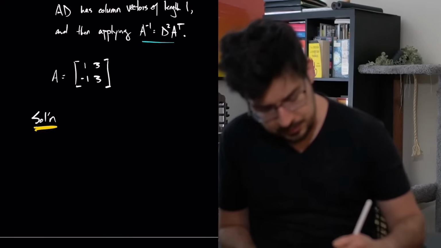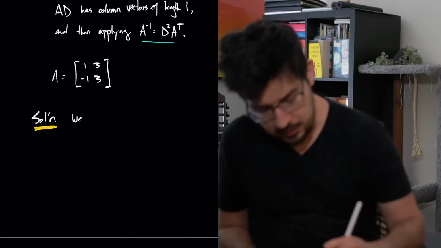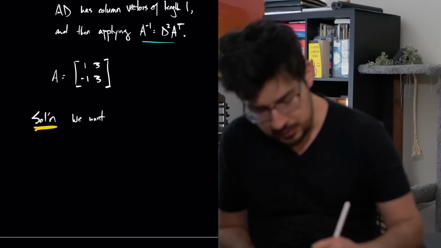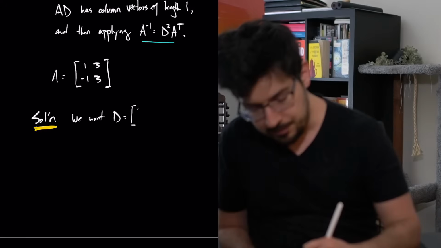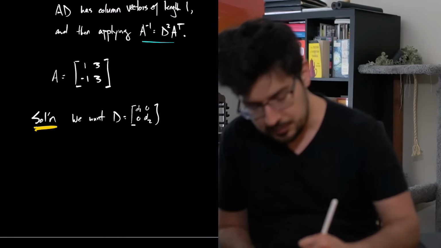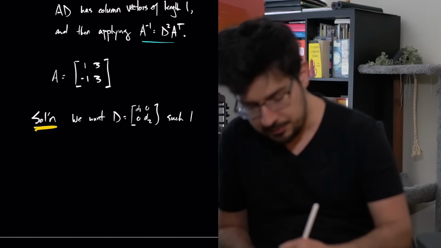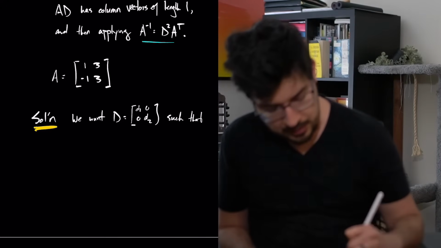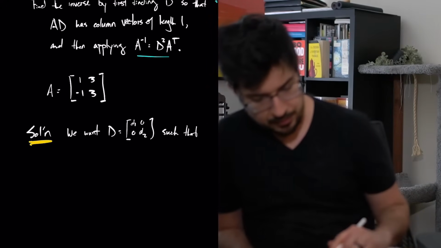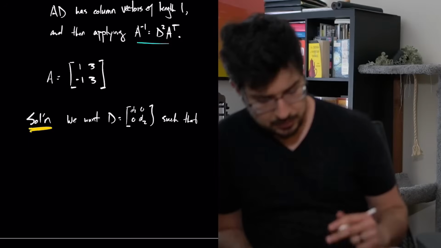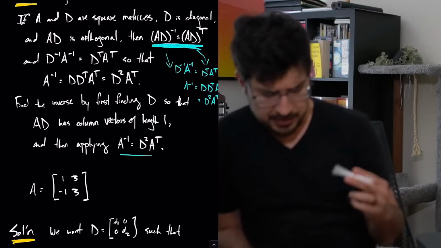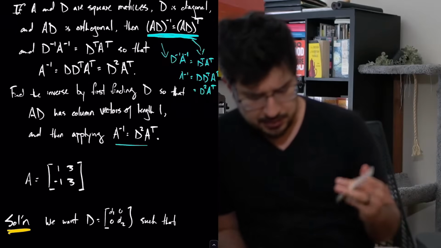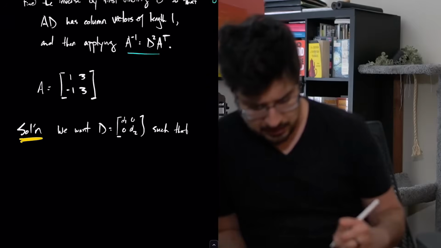So, we want D equal to D1, D2, such that, well, we want AD not to just have column vectors of length 1, but we want AD to be orthogonal, right?